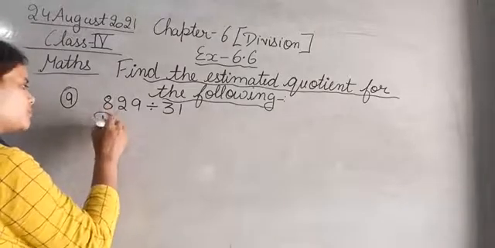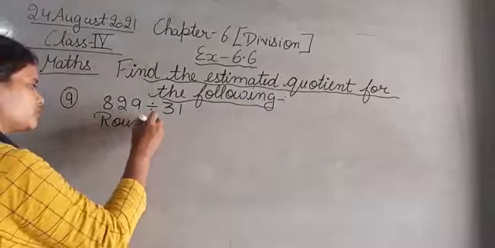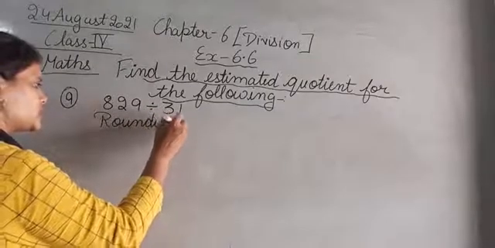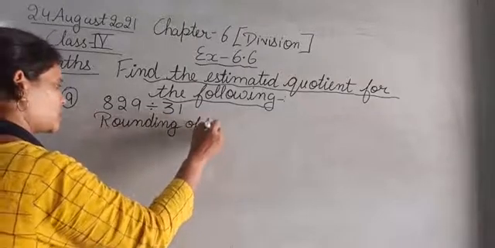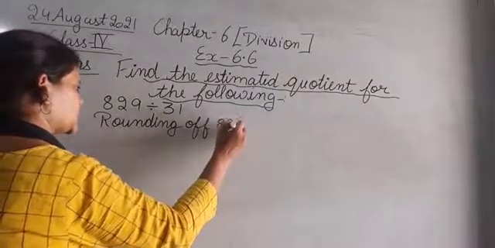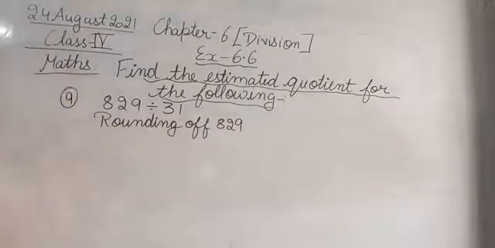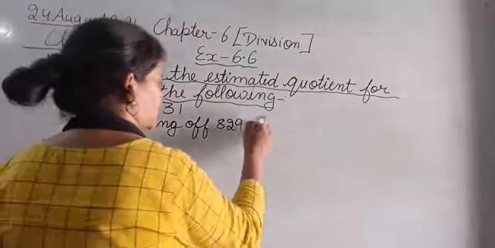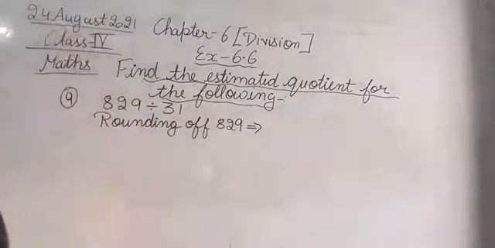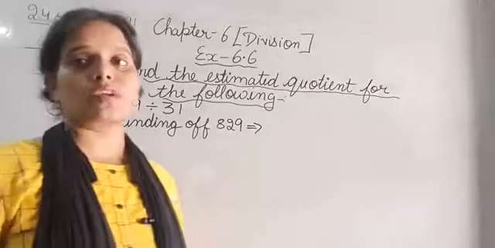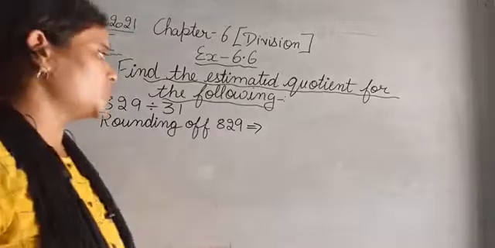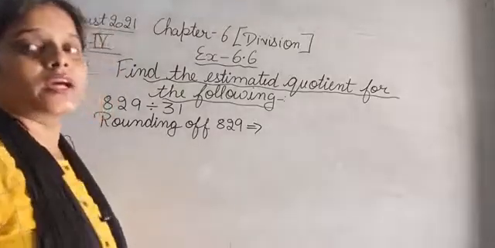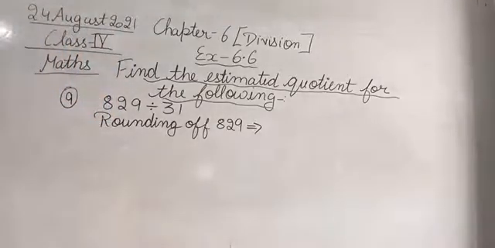So rounding off 829. 829 को किसके nearest round off करेंगे? So we will round off 829 to the nearest 100.